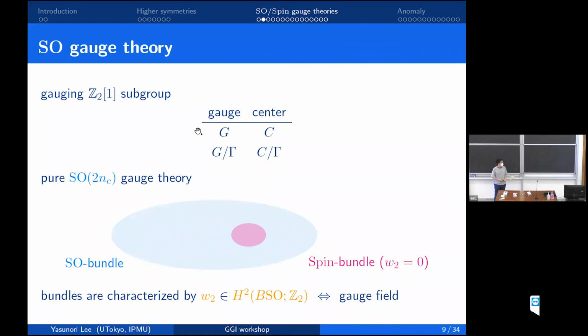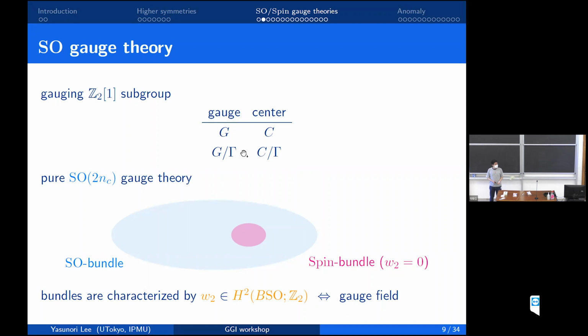Okay, so for a generic gauge G gauge theory with center C, you can consider gauging a gamma subgroup of the center one-form symmetry, and this reduces the center to C over gamma. And correspondingly, the gauge group itself is also reduced to G over gamma. So if we take G to be spin 2NC and gamma to be Z2, then indeed we get G over gamma equals SO 2NC.